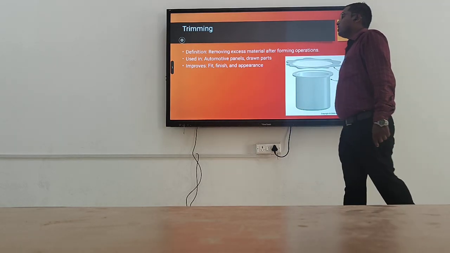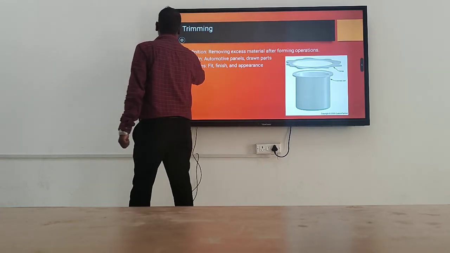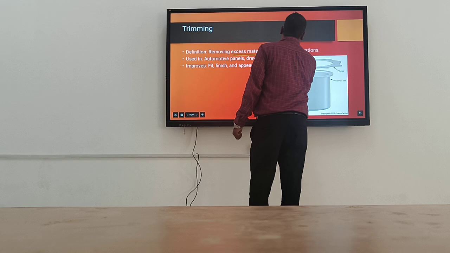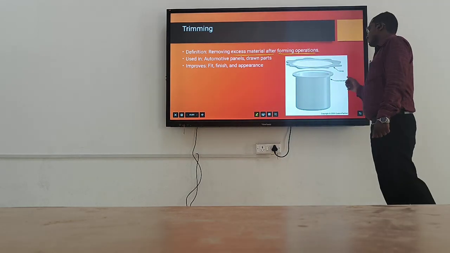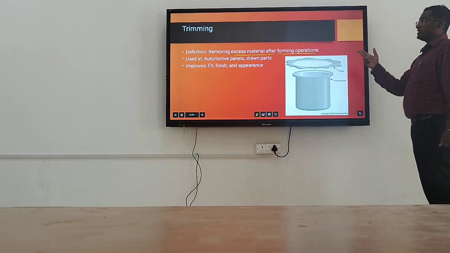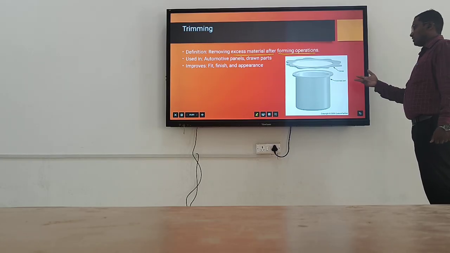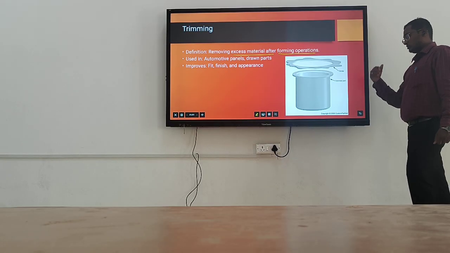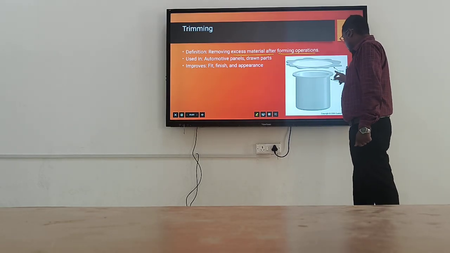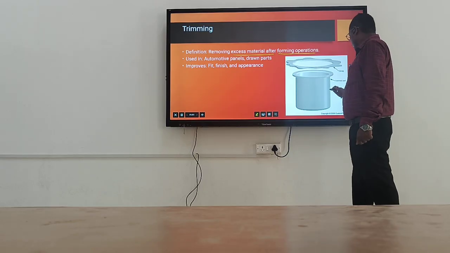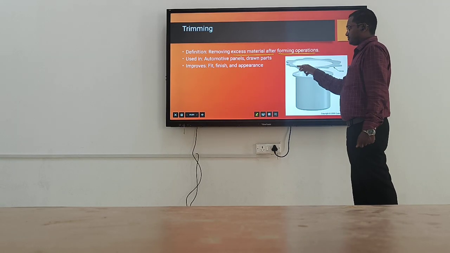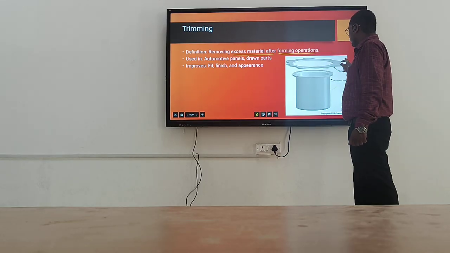Then the trimming operation. Trimming operation means there is excess material after the curving operation. After the curving operation, we cut the excess material after doing our job. Suppose this one is the container. Here is the excess part of the material.